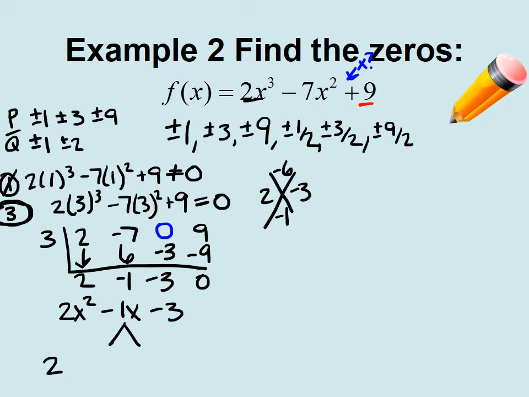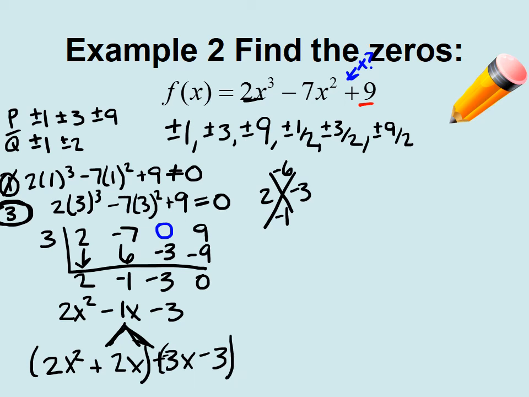Which means I end up with 2x squared plus 2x minus 3x minus 3. Remember, if you flip that -3 and 2 around, that's okay. You should still arrive at the same answer. We now have 4 terms. We're going to use grouping.